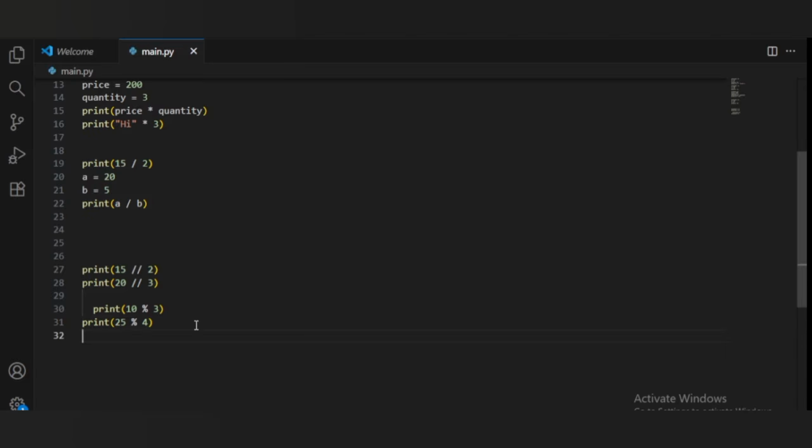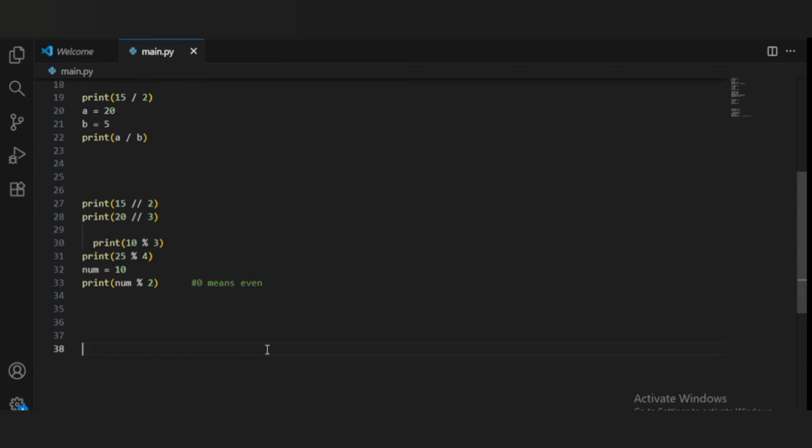Use case: check if a number is even or odd. num is equal to 10. If I print num % 2, so 0 means even.